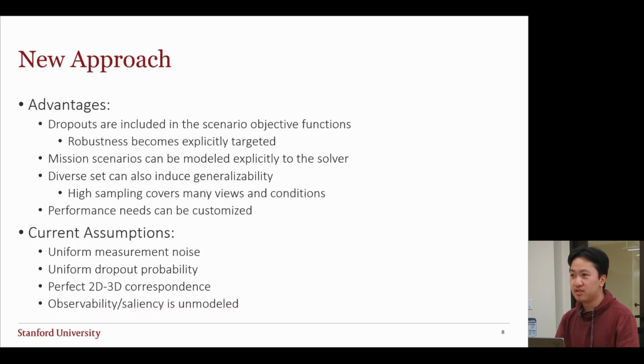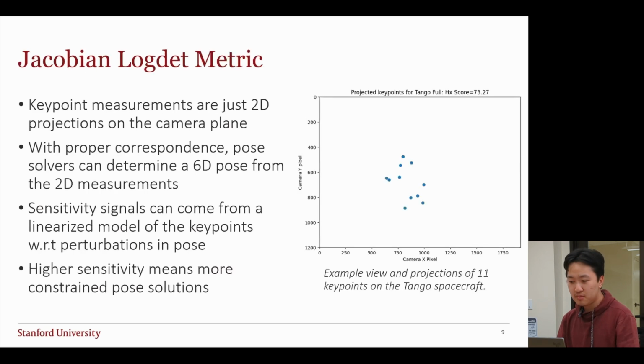So the correspondence should come out of SPN naturally if it's working well. And then observability and saliency are also unmodeled. This is currently based on geometric information. Although, like I said, with more fidelity and more modeling, these assumptions could be tackled with more detail in the future. This is just currently where it sits right now.